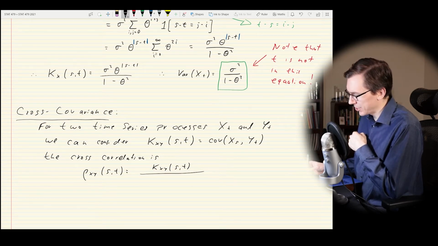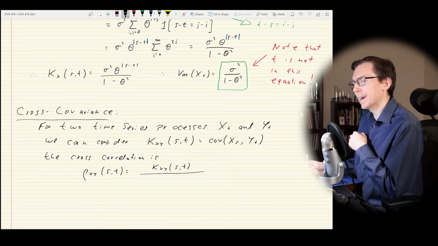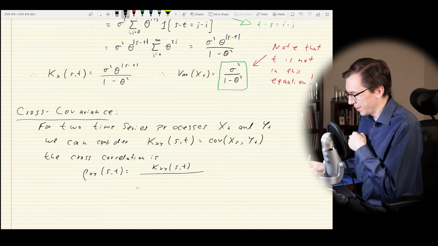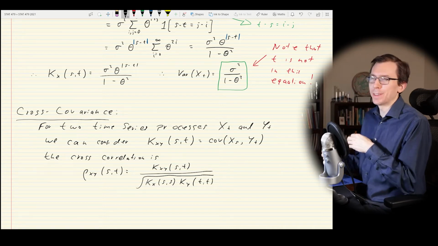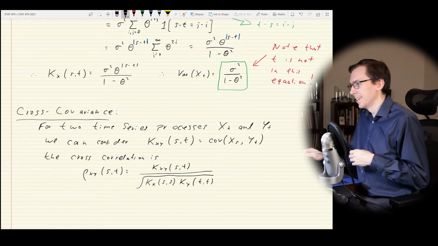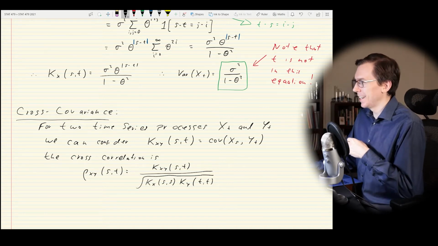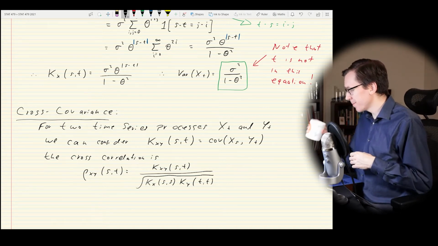In my lecture notes, I don't have a square root here, but I suspect I need a square root. So I'm going to put it in and double check later to make sure I'm not making a mistake. But I did mess up the t though. Should be s and t, because I should be dividing by the square root of the product of the variances, not just the product of the variances. So I'll have to make a note to change that in my notes.